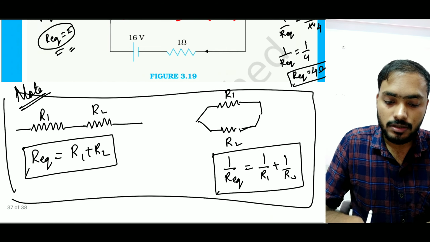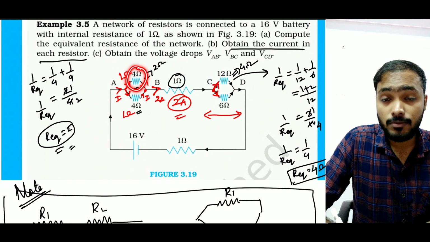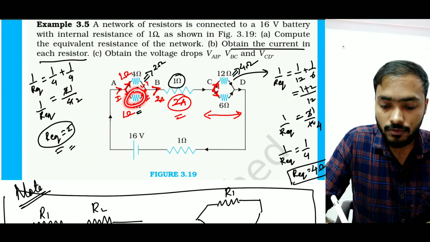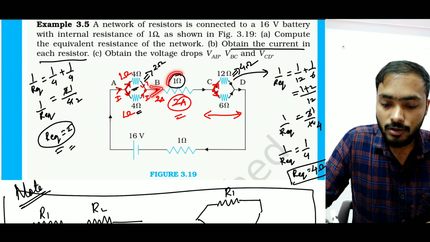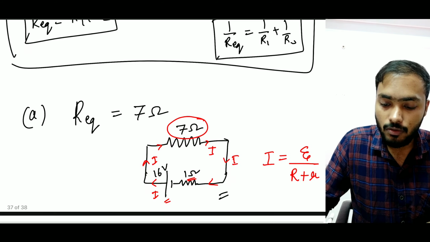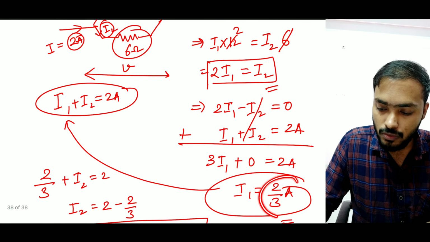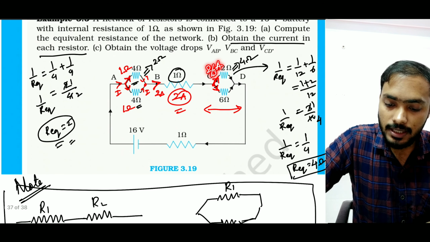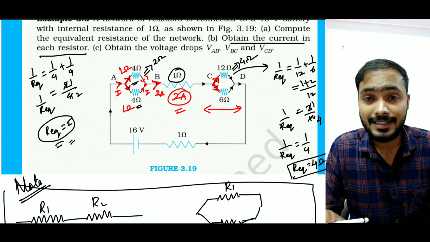So from your 4 ohm resistor 1 ampere current will flow, from your other 4 ohm resistor again 1 ampere current will flow, from your 1 ohm resistor 2 ampere current will flow, and from your 12 ohm resistor 2 by 3 ampere current will flow, and here 4 by 3 ampere current will flow. I hope that is understandable, right?